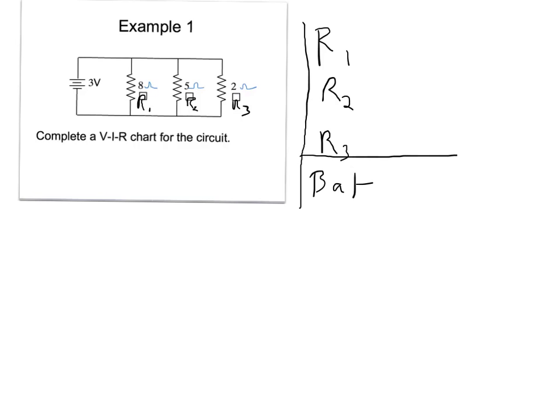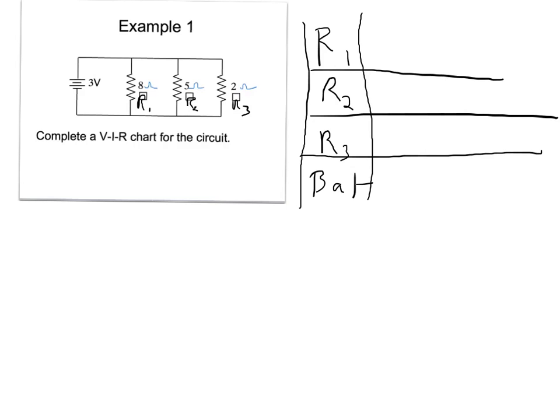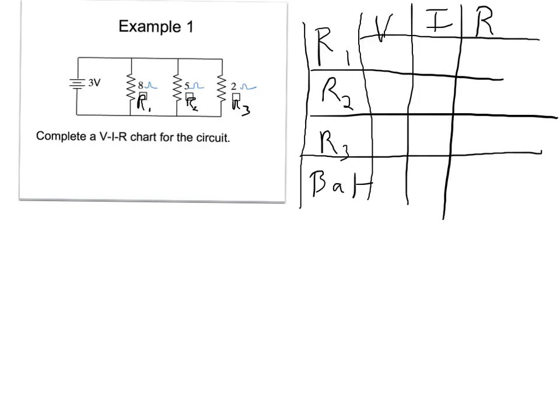Okay. And then each of these will have a V, an I, and an R. And that's what makes it a VIR chart. So we will find the voltage, current, and resistance for everything in the circuit.